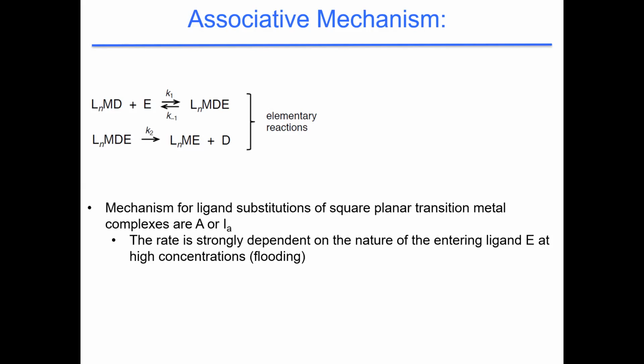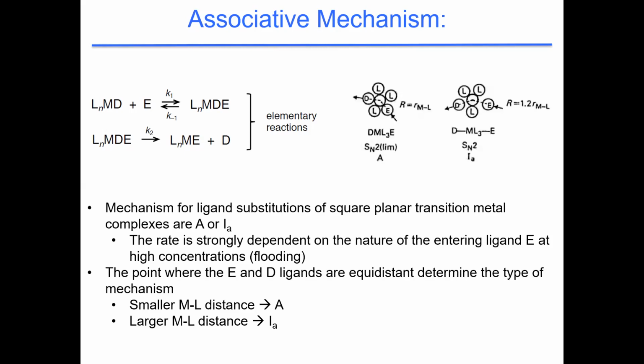And so a way to test whether you have an associative mechanism is by flooding the starting material with an entering ligand, and the reaction rate should be dependent on the type of ligand that you're flooding it with.